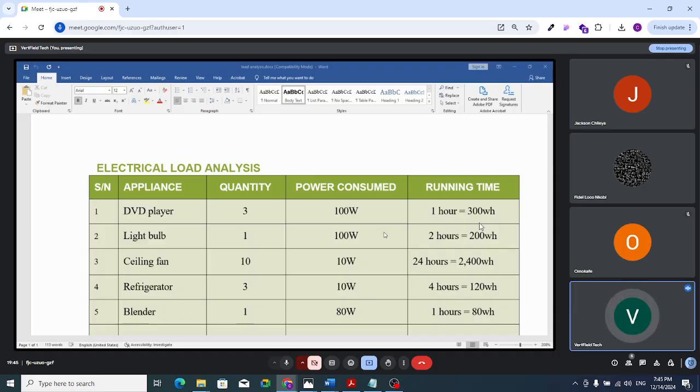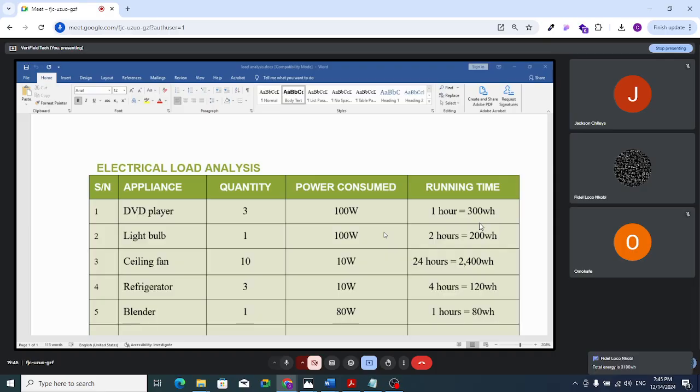So for the DVD player, 3 multiplied by 100 by 1 gives you 300 watt hour. For the light bulb, 1 multiplied by 100 by 2 gives you 200 watt hour.